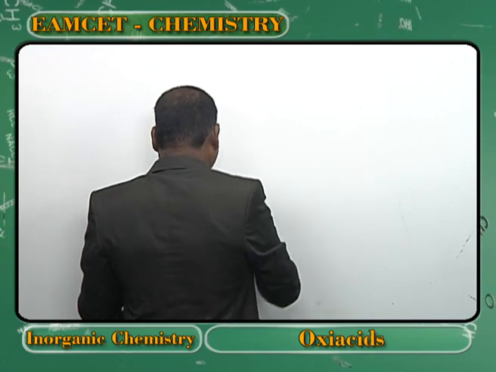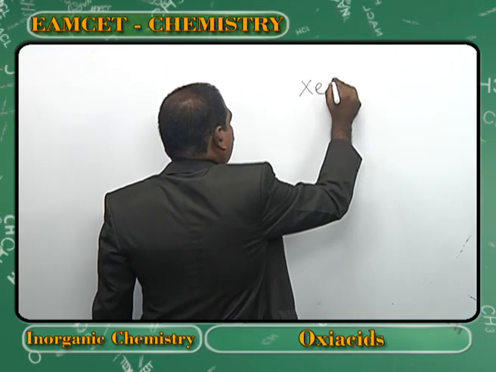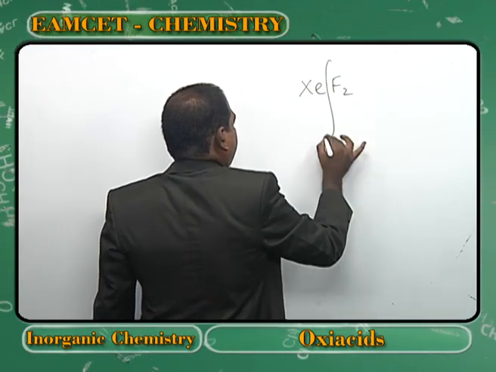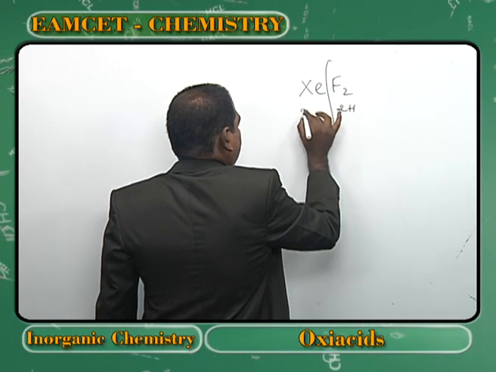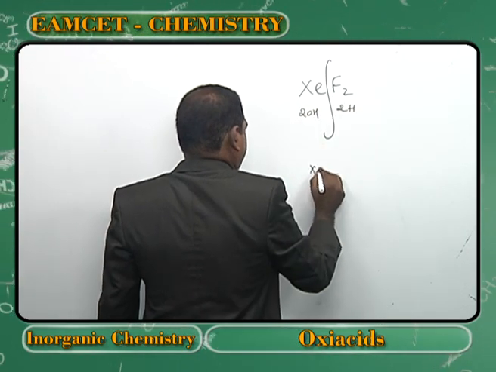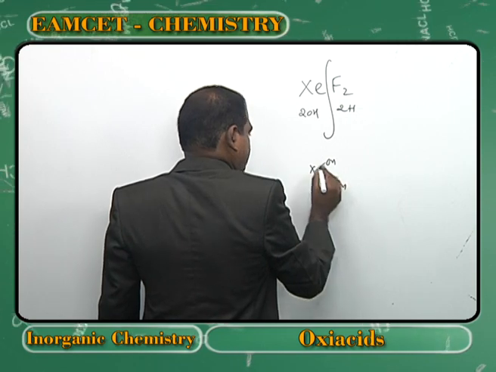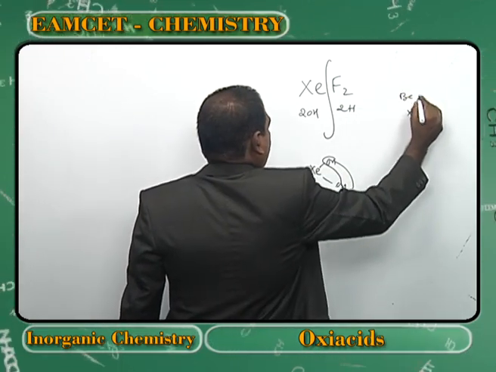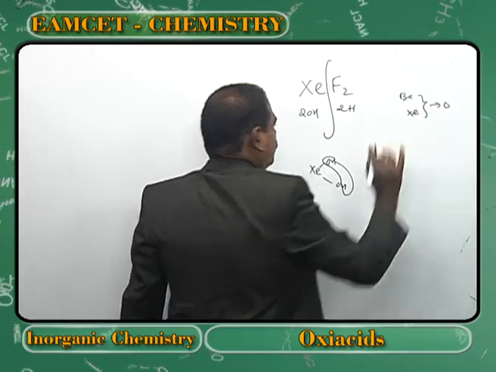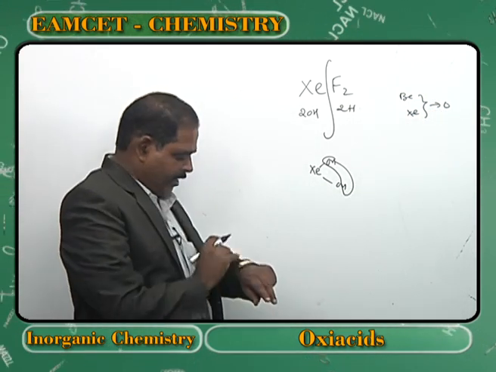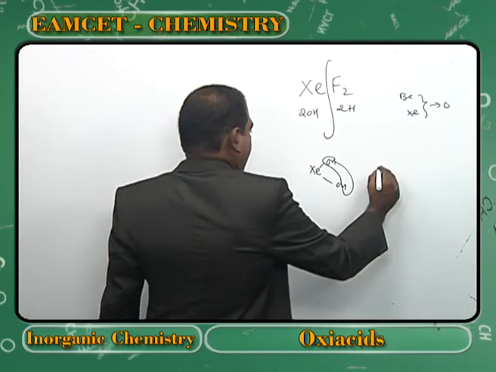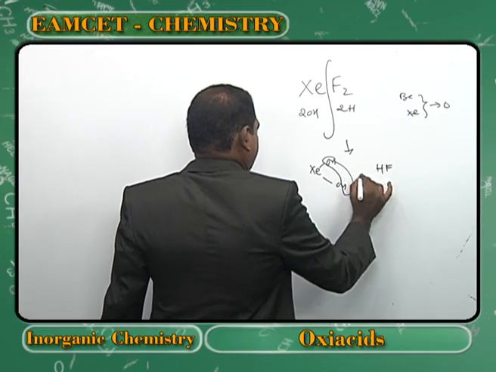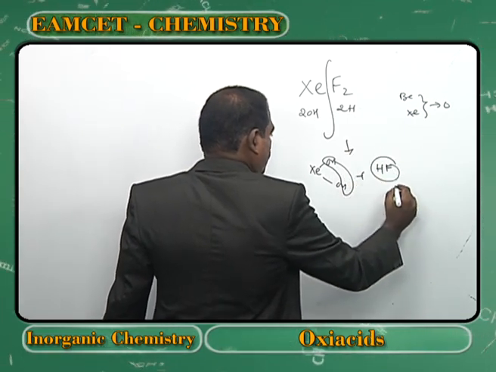Now, XeF2. If we follow the procedure, break the bond, 2H, 2OH, you get Xe(OH)2, and xenon doesn't handle even one OH. Beryllium and xenon can't withstand OH; they withstand only zero OH. They don't accommodate any OH. So you get HF, of course, which dissolves glass.